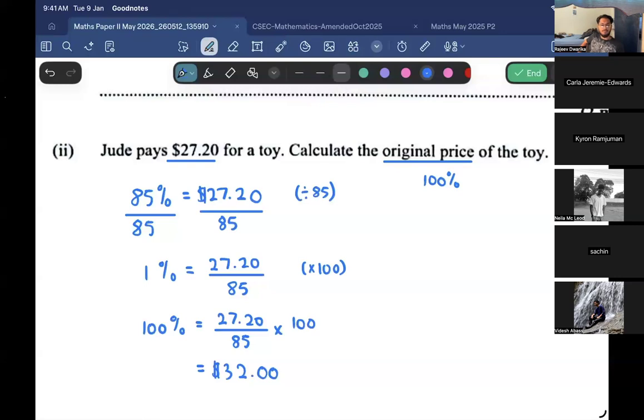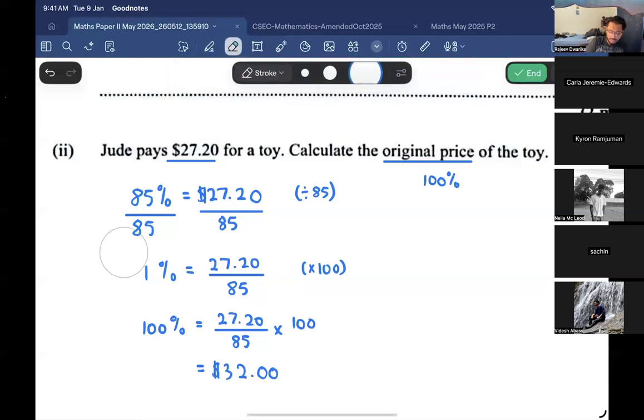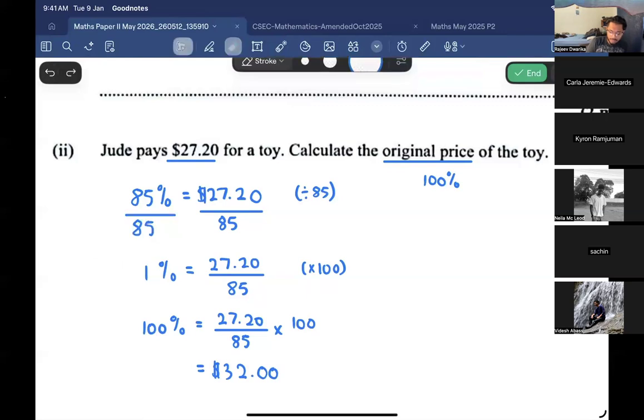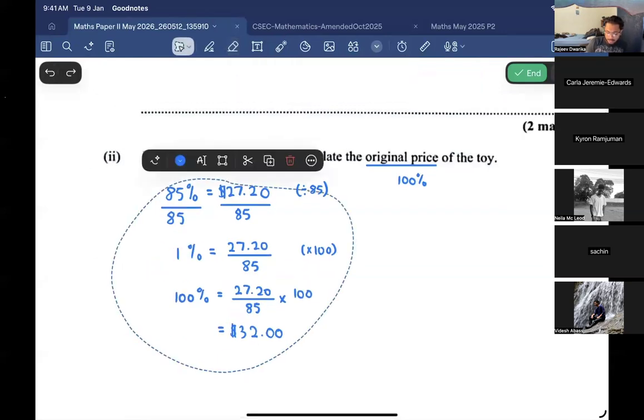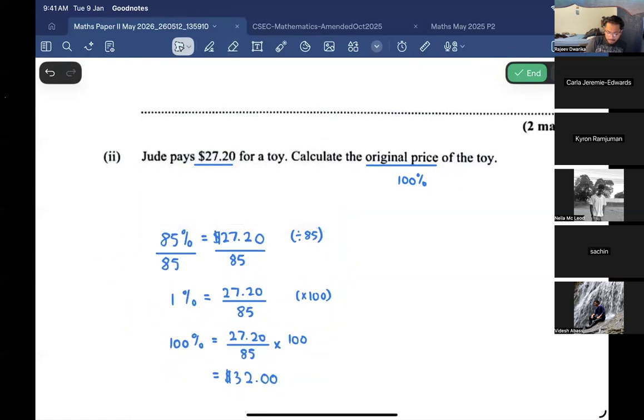So 27.20 is the price with the reduction. To find the original price, you'll have to say the 27.20 over the 85, which is the reduction percent, and you multiply that by 100. Wait, let me start back. Give me a second. I want to make sure that I understand this fully.